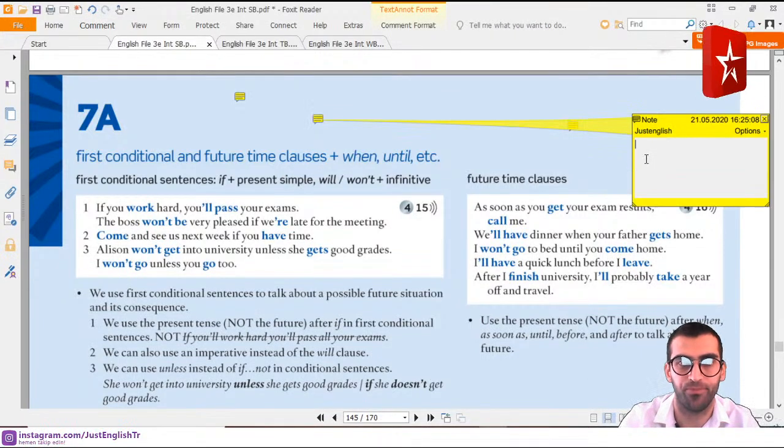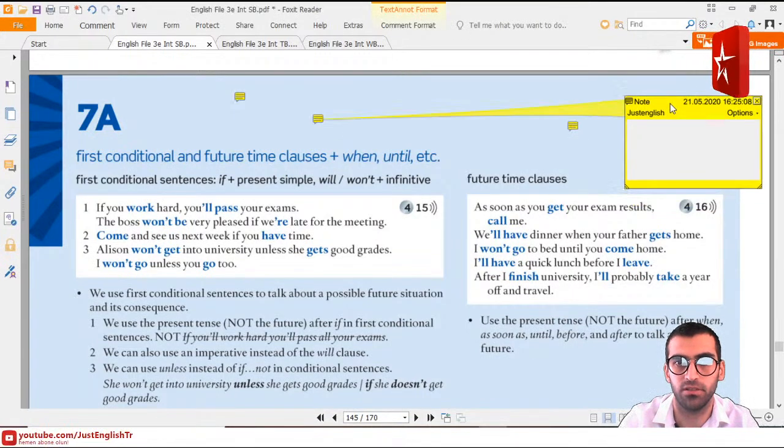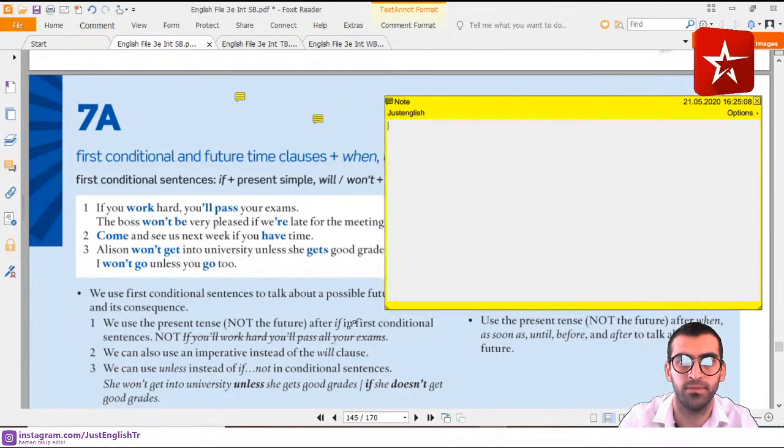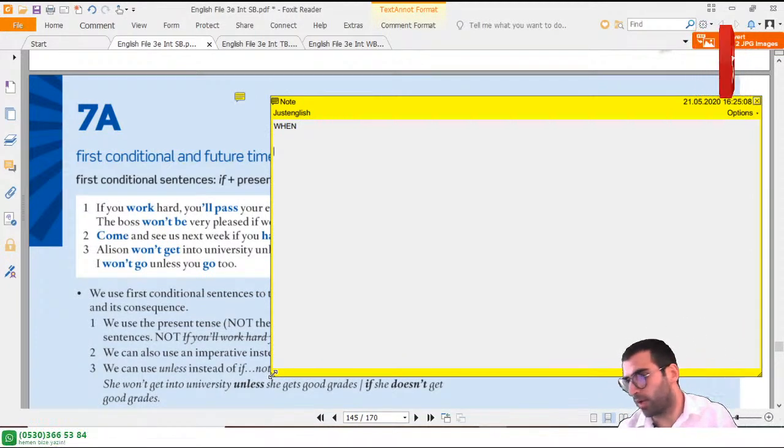For example, let me write it here by using when. How can we use a sentence with when?